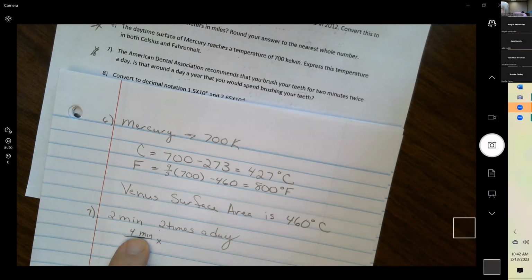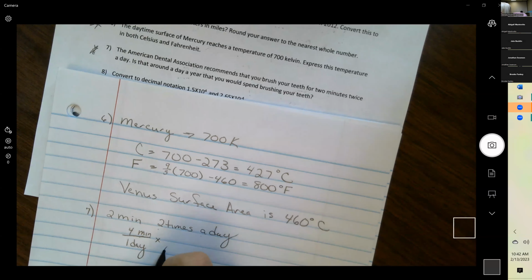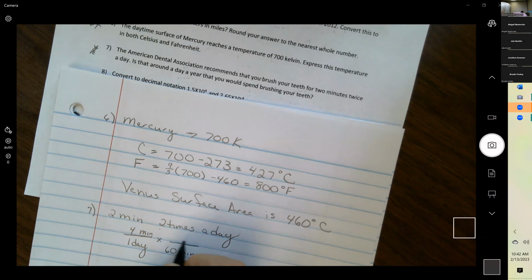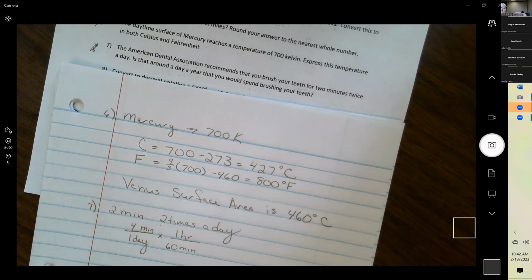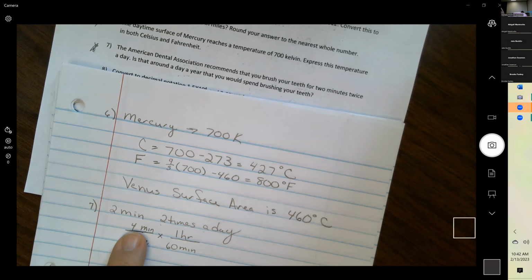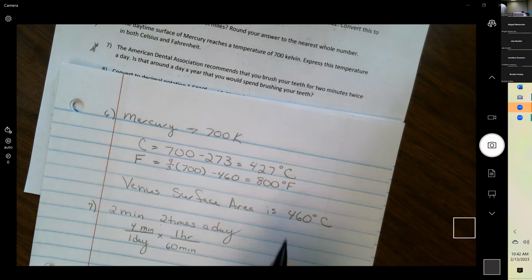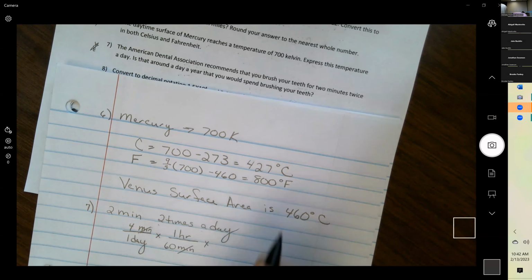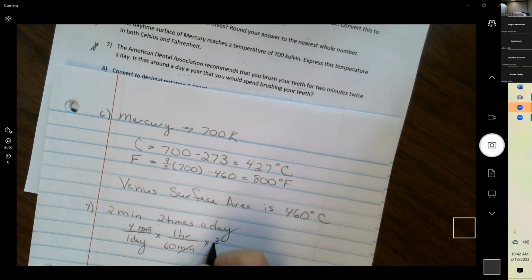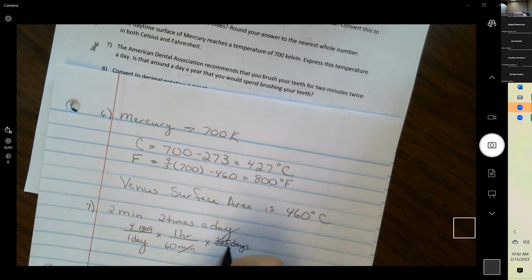If you want to do minutes first, we know there's 60 minutes in 1 hour. Now you could stop there if you wanted. So 4 minutes, there's 60 minutes in an hour. Now, if I get rid of the days, I know there's 365 days in 1 year.